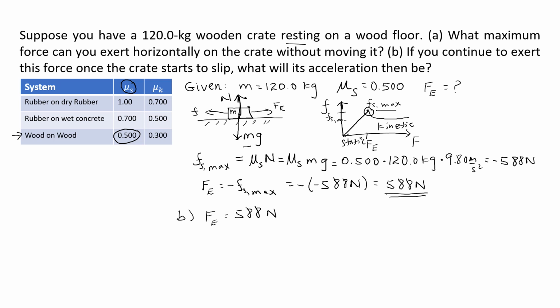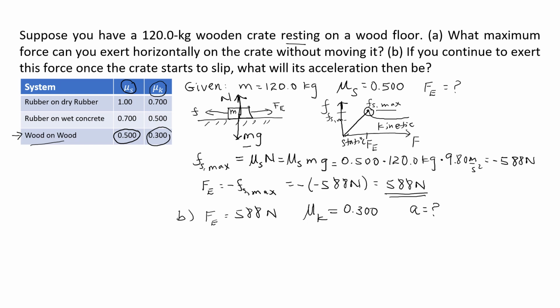So what's the coefficient of friction in this case? That's going to be mu sub k. Mu sub k on wood, the coefficient of kinetic friction is going to be 0.300. And what we are asked to find is what the acceleration will be if you continue to exert the same force.